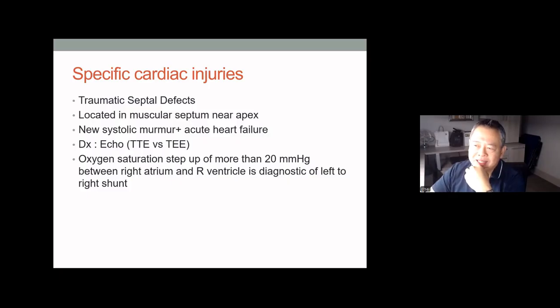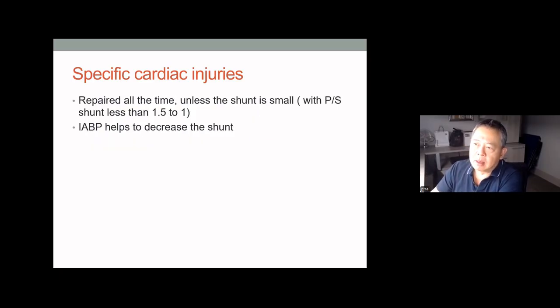Diagnosis is with a TTE, but if you have chest wall trauma with a lot of ecchymosis, edema and swelling, you can't really see it, so you resort to a TEE to evaluate the defect. Again, an oxygen saturation step up of more than about 20 between the right atrium and right ventricle is diagnostic of left to right shunt, which makes sense because now you have fresh oxygenated blood coming in, and so there's a difference in oxygen saturation between RA and RV.